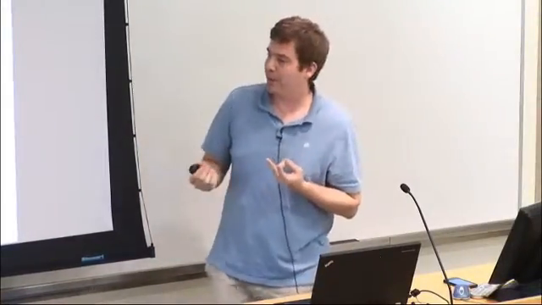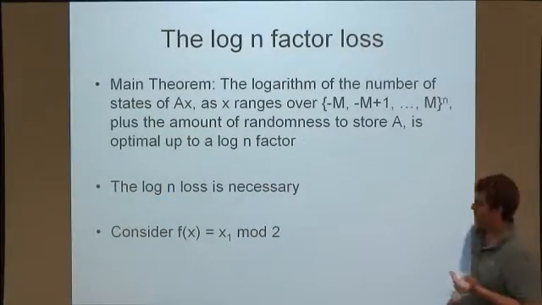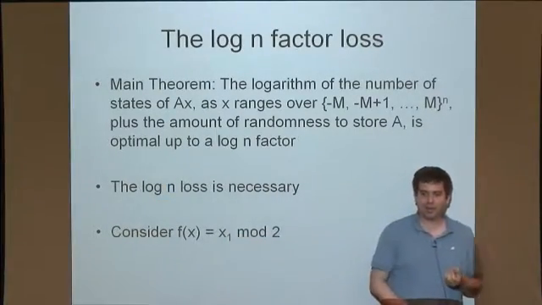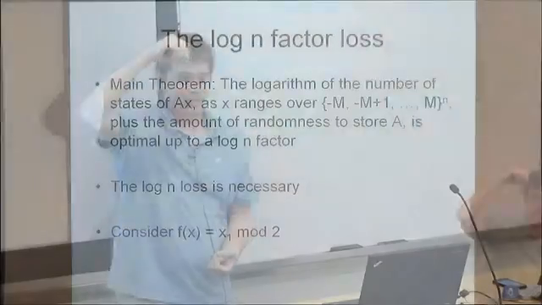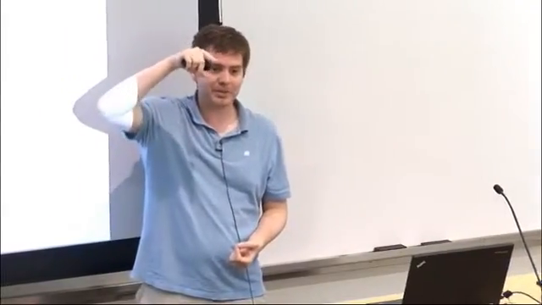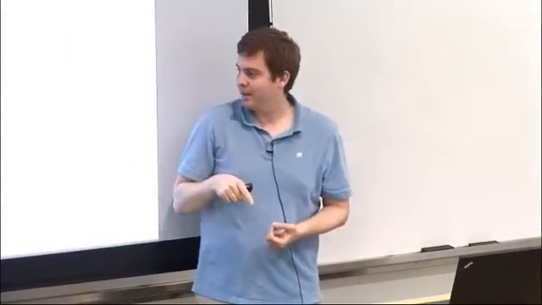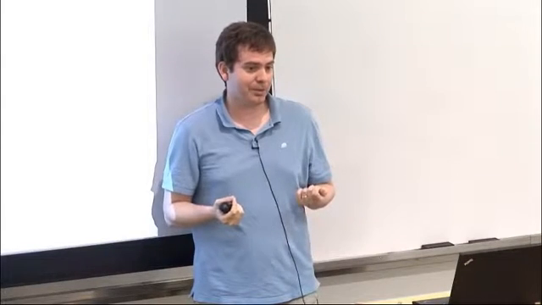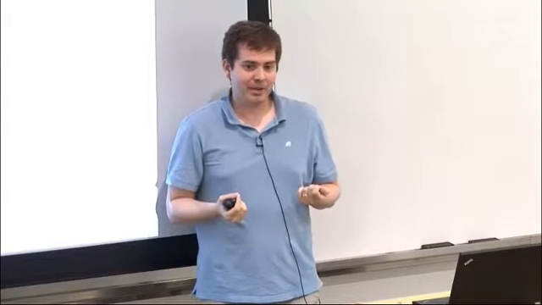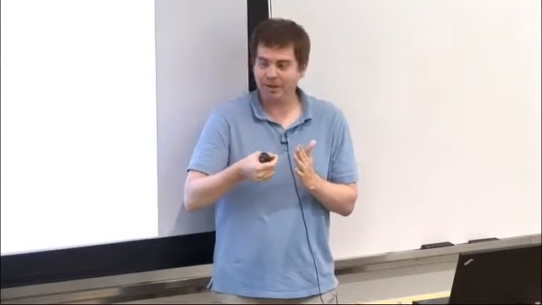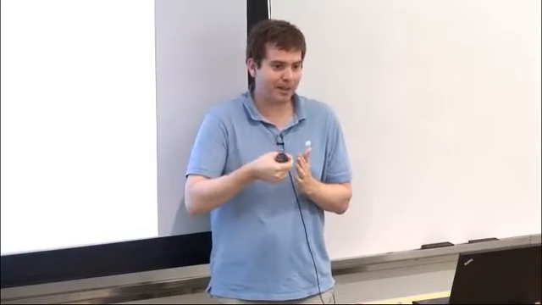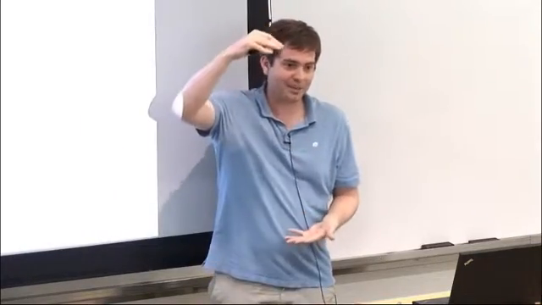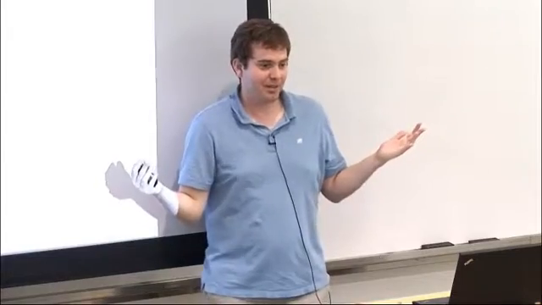But if I'm trying to compute this with a linear sketch, if I look at A times E1, the standard unit vector with a 1 in the first position and zeros elsewhere, then that should be non-zero if the algorithm is correct. And then if I scale E1 by 2, I get a new state. If I scale it by 3, I get a new state, etc. So if I scale it n times, I get n states.